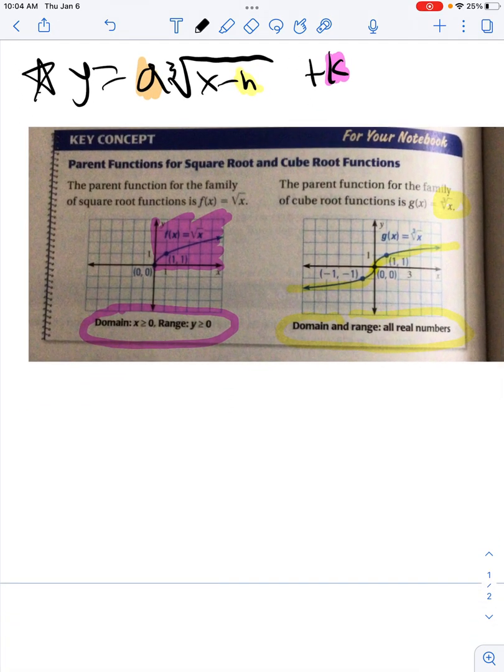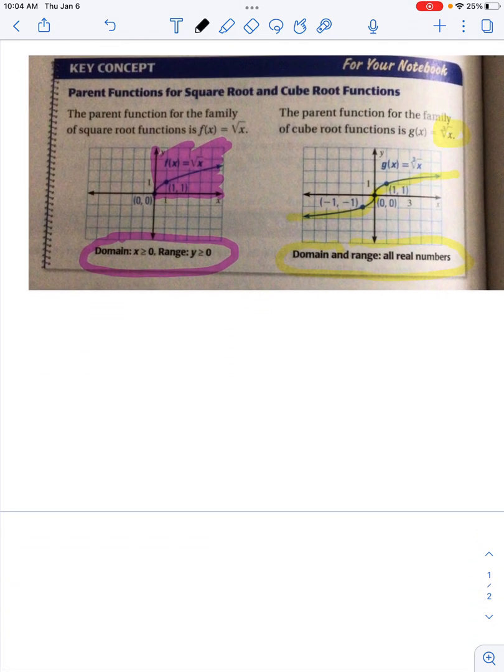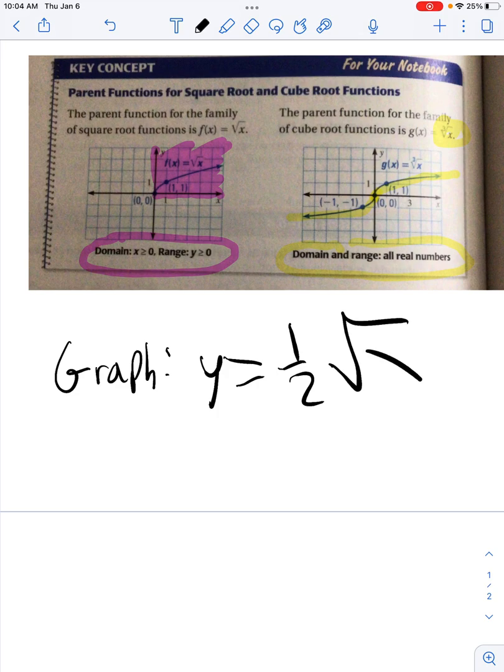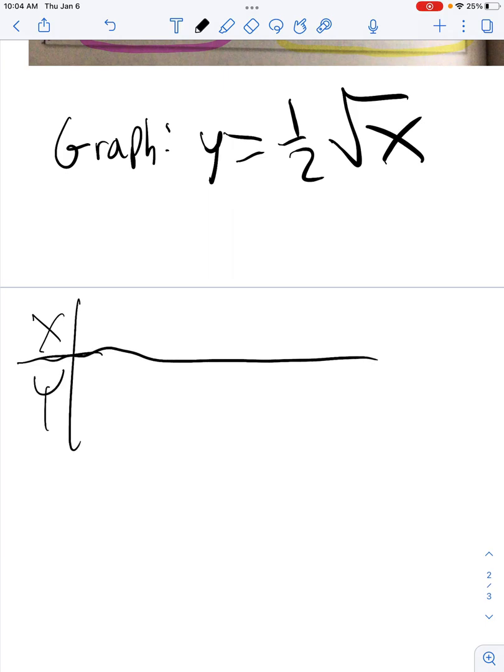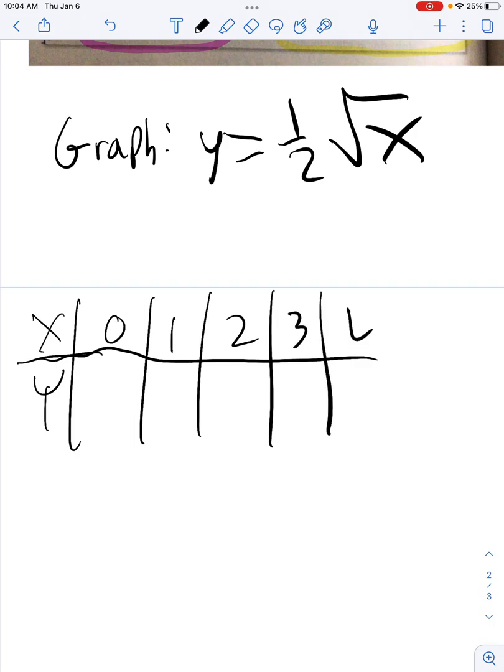So if I were to try to graph a square root function, perhaps I wanted to graph y equals 1/2 square root x, and state the domain and the range, compare the graph with the graph of y equals the square root of x. Again, if I was going to do it by hand, I would make my x's and my y's, say 0, 1, 2, 3, and 4.